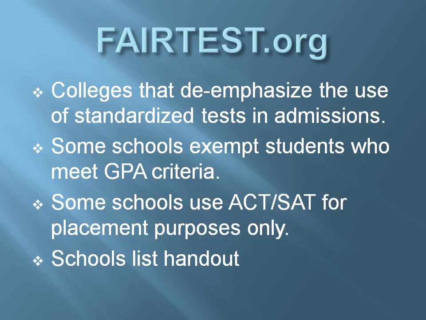Therefore, sometimes schools might even exempt students from submitting an ACT or an SAT score if they meet their minimum GPA criteria. Additionally, some schools use the ACT or SAT for placement purposes only, which means they might determine where you should start in certain subjects based on your ACT composite score or your subtest scores.